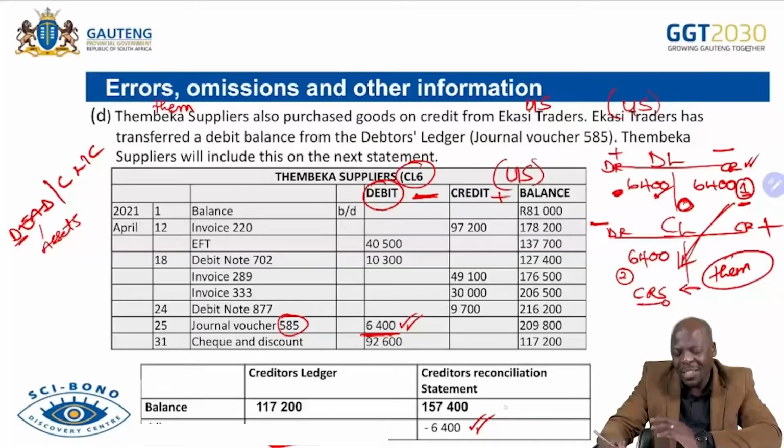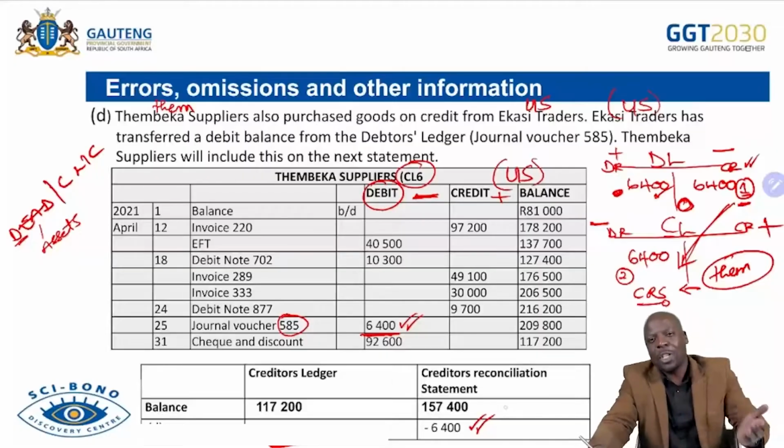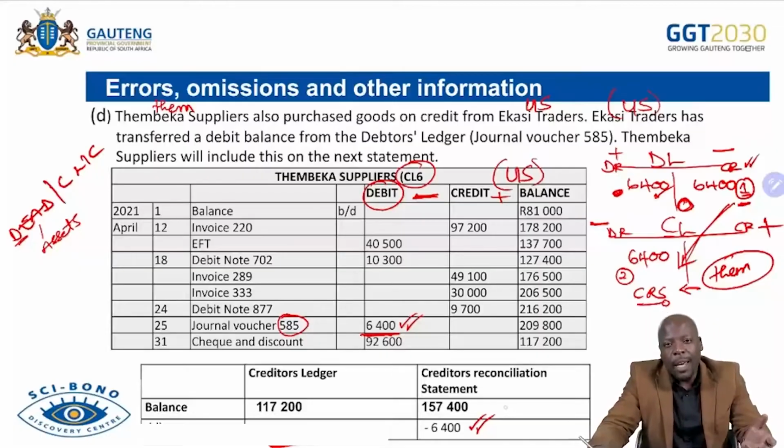Okay? Please, you need to practice this transaction. It is very, very important. So in the creditors reconciliation statement, you should find that we subtract the 6.4. In a nutshell, they owe us 6.4. We owe them a particular amount.